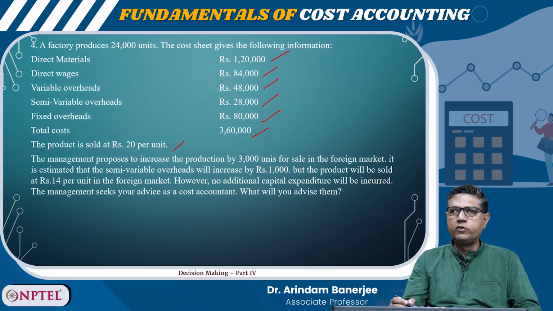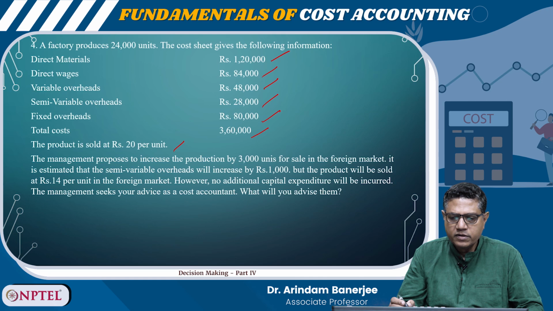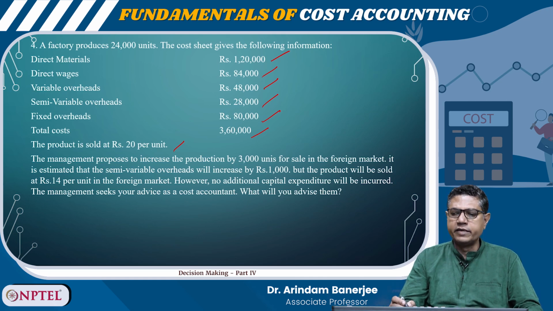The management proposes to increase the production by 3,000 units for sale in the foreign market. It is estimated that the semi-variable overheads will increase by rupees 1,000, but the product will be sold at rupees 14 per unit in the foreign market. However, no additional capital expenditure will be incurred.